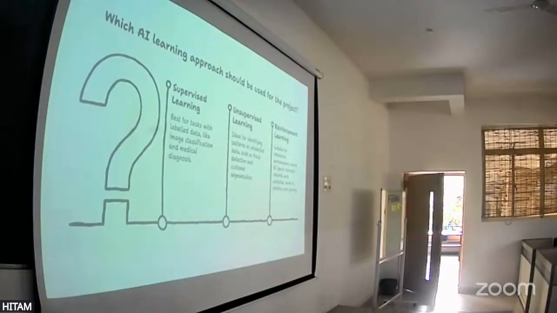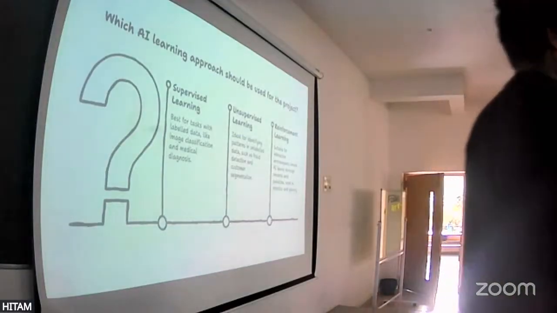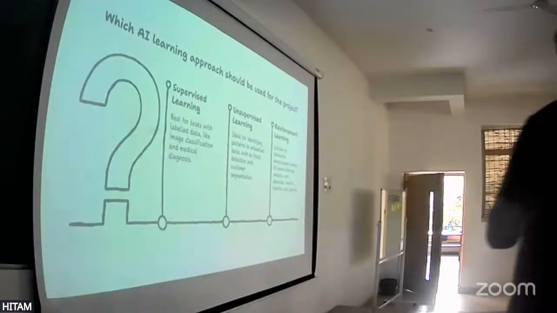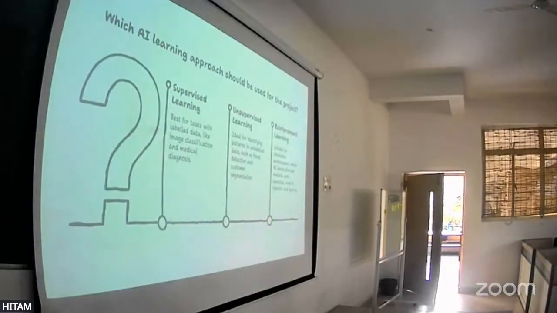We use unsupervised learning, because we do not know what type of suspicious activity will happen. We are not working with labeling and data, right? So according to our project, according to our requirement, we'll select what type of learning. Ready?